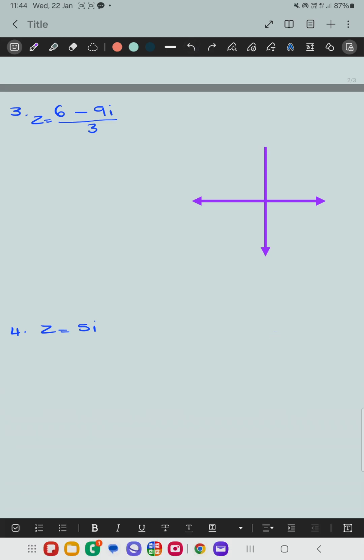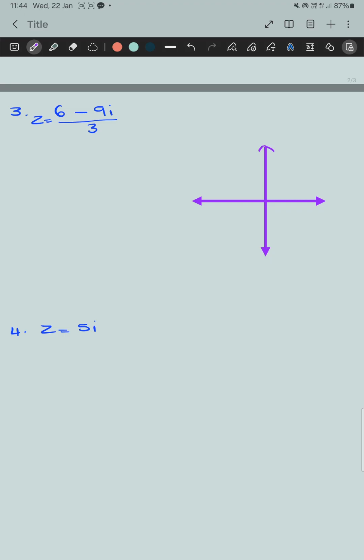So I'm going to distribute the denominator. I am going to have z equals 6 over 3 minus 9i over 3, which comes to 2 minus 3i in standard or rectangular form. Then when I go to my Argand diagram, I'm going to have 2 to the right, 3 down.